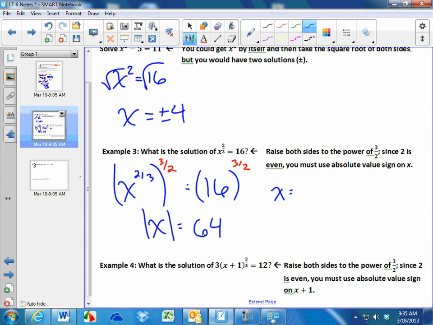Case 2, the x could be negative 64. So you're going to see me writing that as plus or minus 64 from now on, which is your case 1, case 2. So you have 2 potential answers, 64 and negative 64.